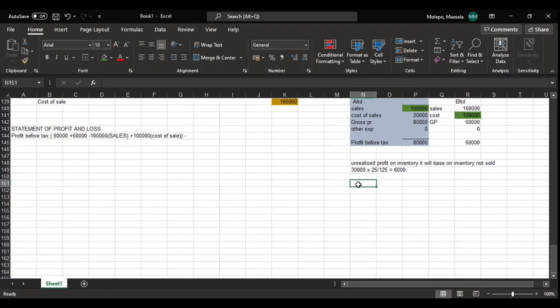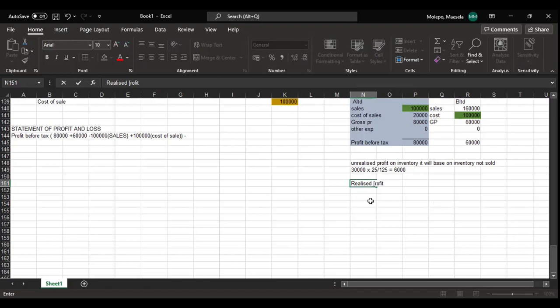So now let's calculate the realized profit. The realized profit will come as a result of the sales made. The inventory on B Limited's financial records amounts to 20,000 on 1 January.